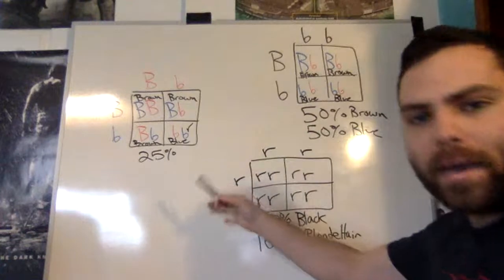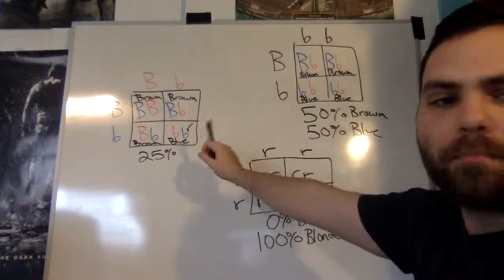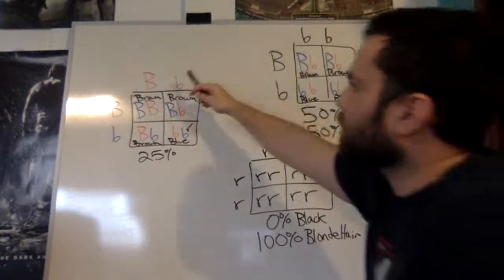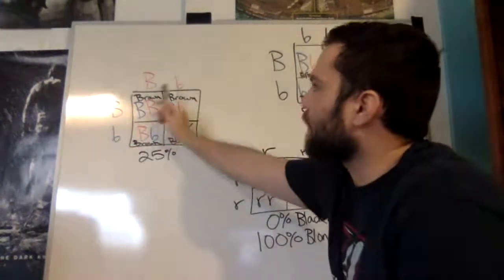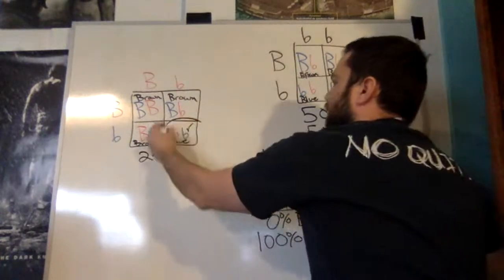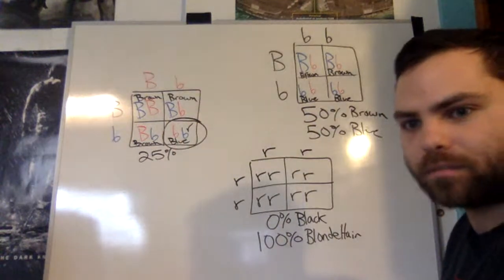So this is a way where both your parents could have brown eyes, but then you get blue eyes. And the only way that happens, okay, is because both of them have a recessive gene that they bring on. And you only have a 25% chance that that happens, okay?